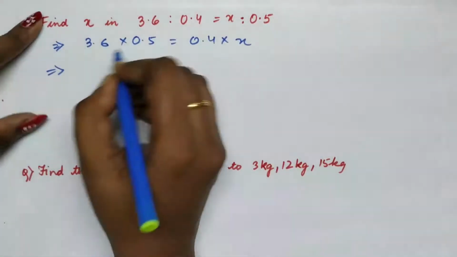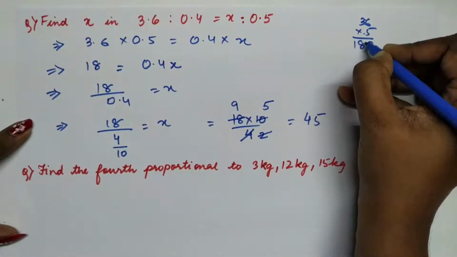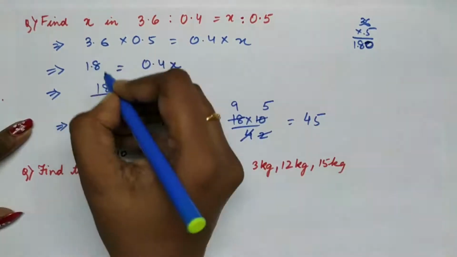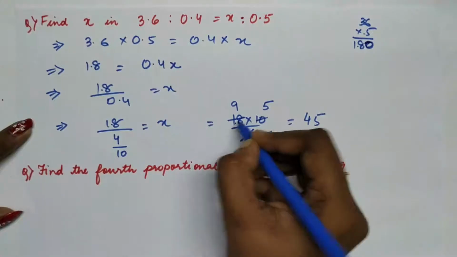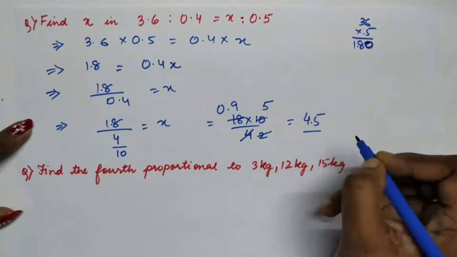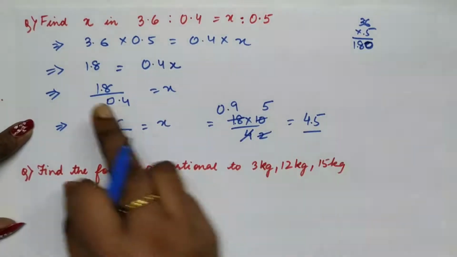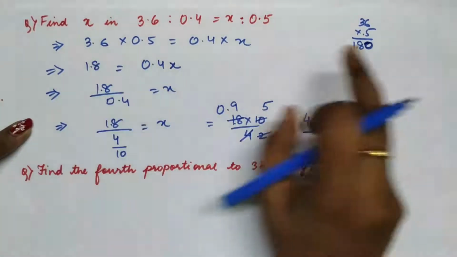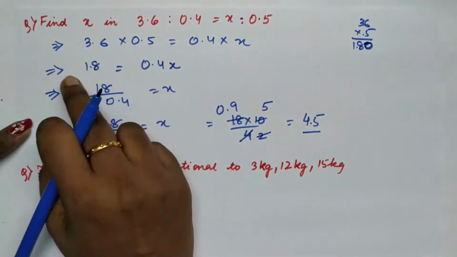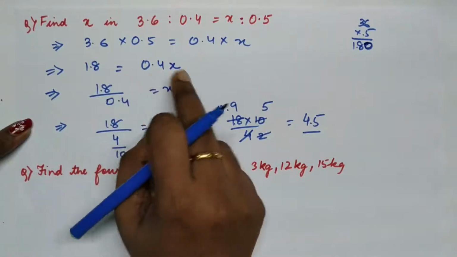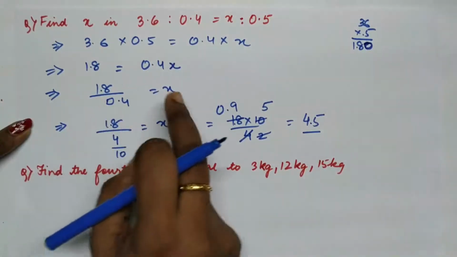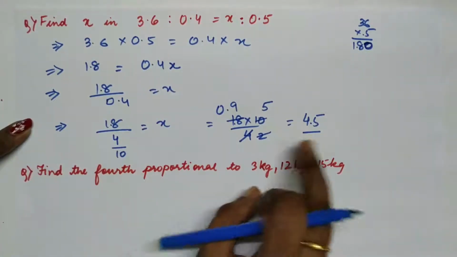When I multiply these two, as there are 2 decimal places, I get 1.80. So that is equal to 1.8 equal to 0.4x, and because this is multiplied here, I bring it here and divide to get the value of x.